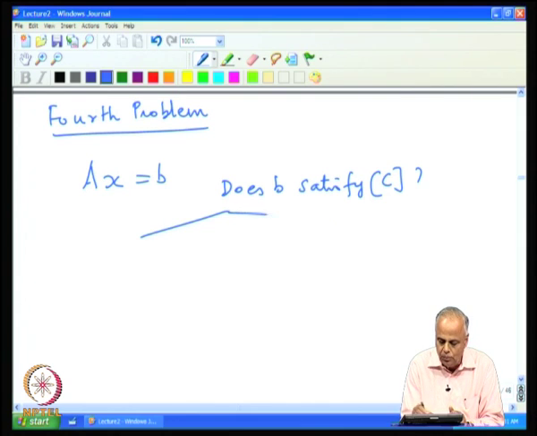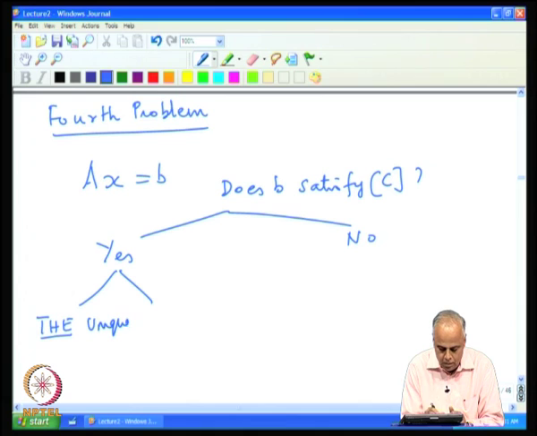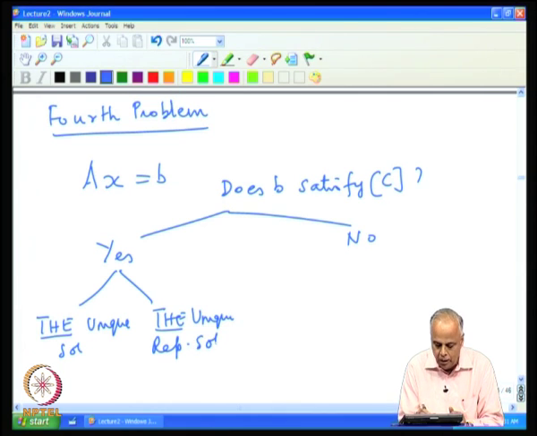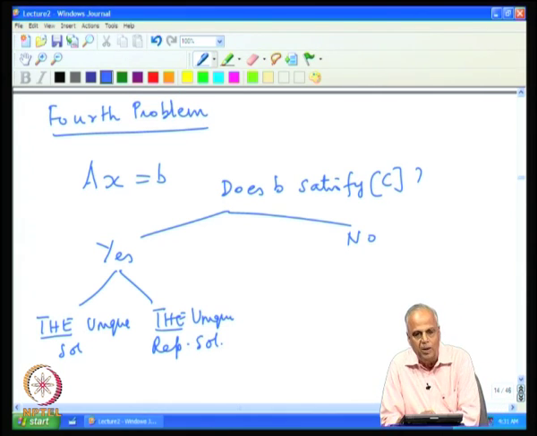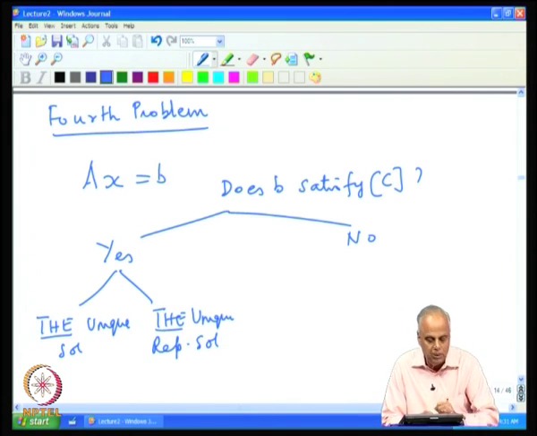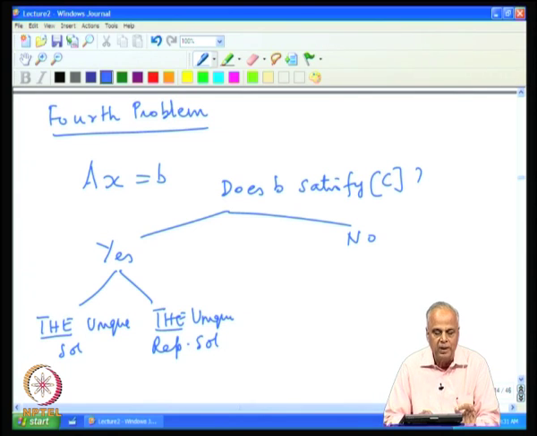We had two situations, yes and no, and the yes led to two situations, the unique solution and the unique representative solution. That is, in the case when there are an infinite number of solutions, we had to pick one of them by using some criterion, so that our final answer is a vector x.